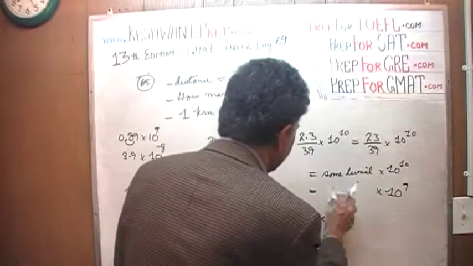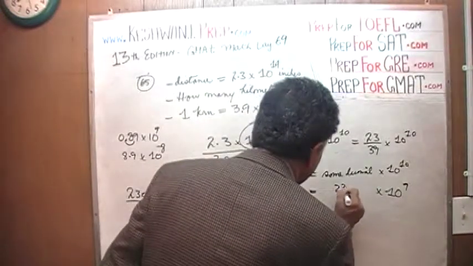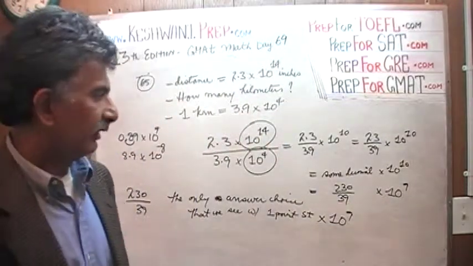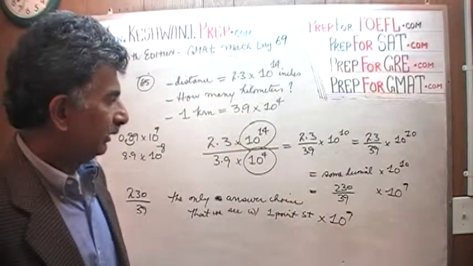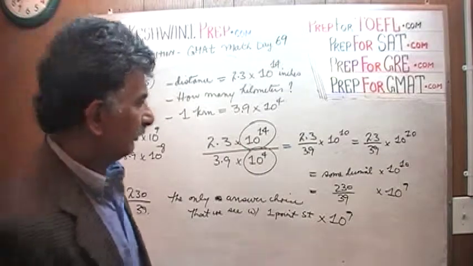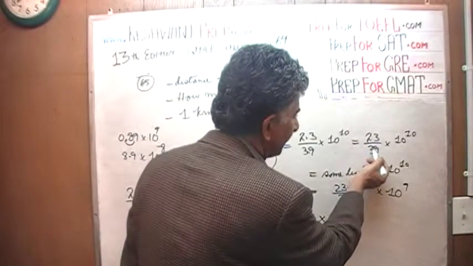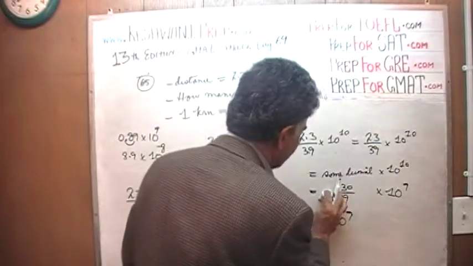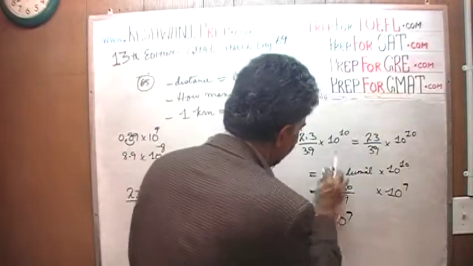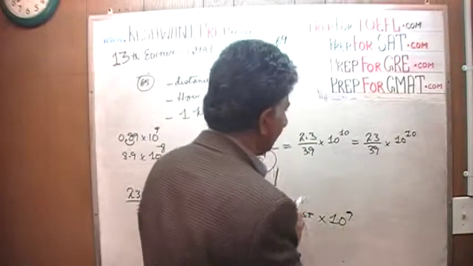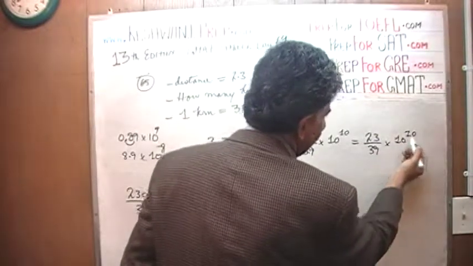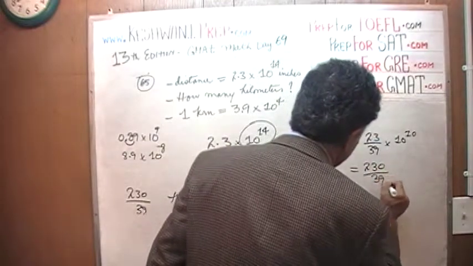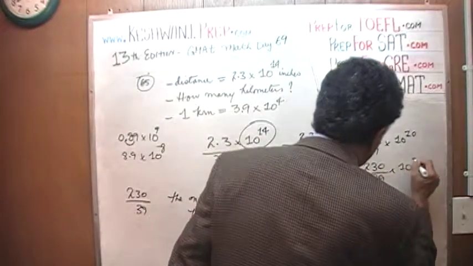I just realized it's going to be 230 divided by 39. That's what it's going to be exactly. I shouldn't say 1 point something. It's going to be 230, because 23 divided by 39 times 10 raised to 10 is same as 230 divided by 39 times 10 raised to 9.